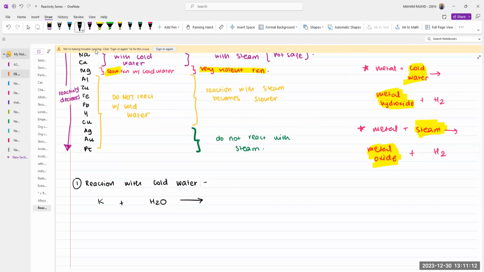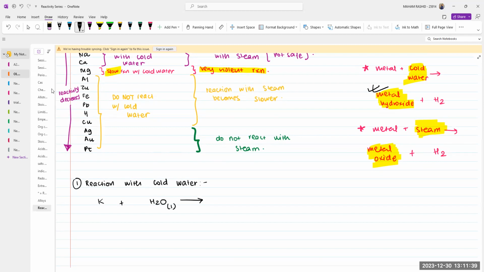So here we are reacting it with cold water. So with cold water, what are we going to get? The metal hydroxide. So what will be my product? Potassium oxide and hydrogen gas.